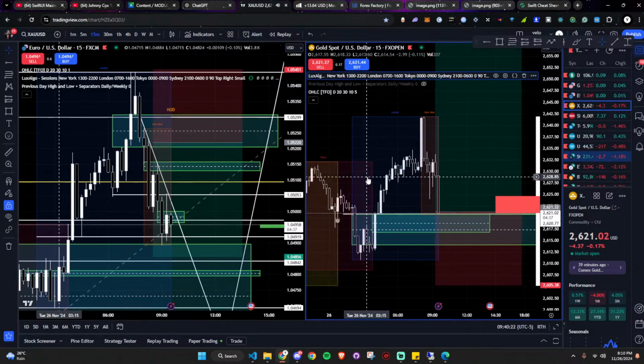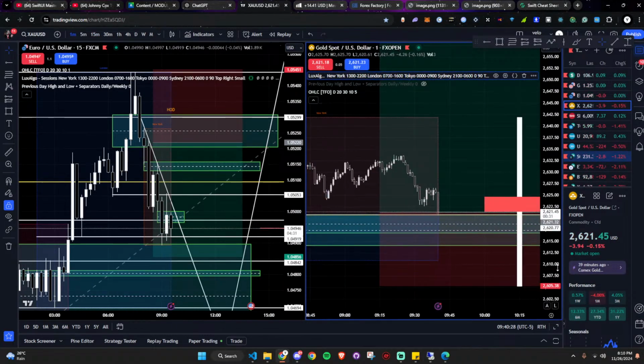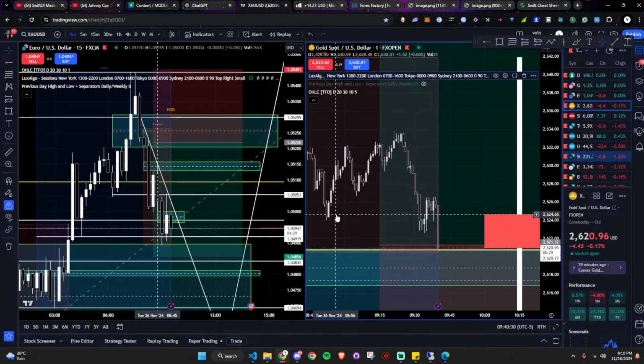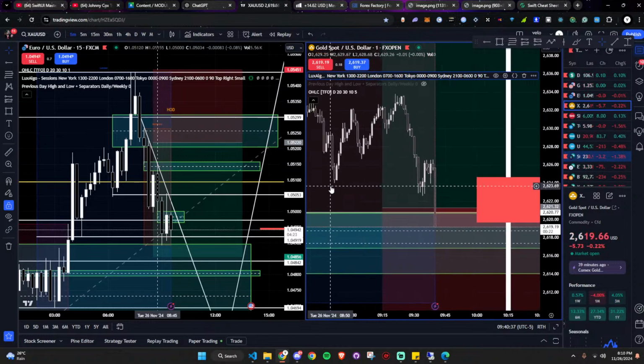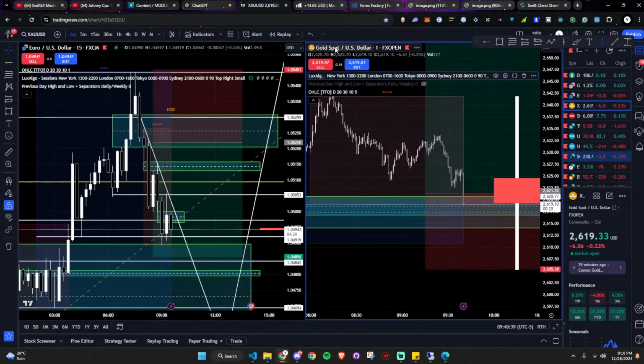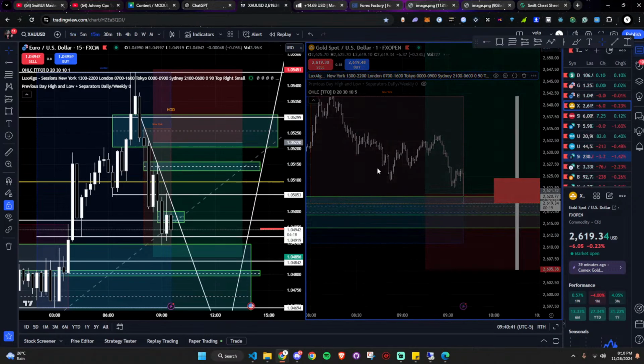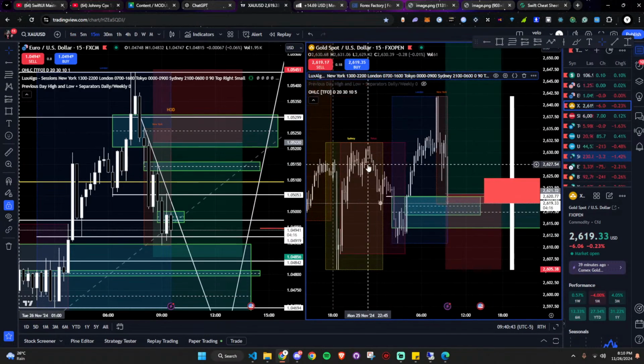Okay. What do we see here? Depending on the reaction, to be honest. If it's not really reacting off of it, then I'm not really trying to take this trade.